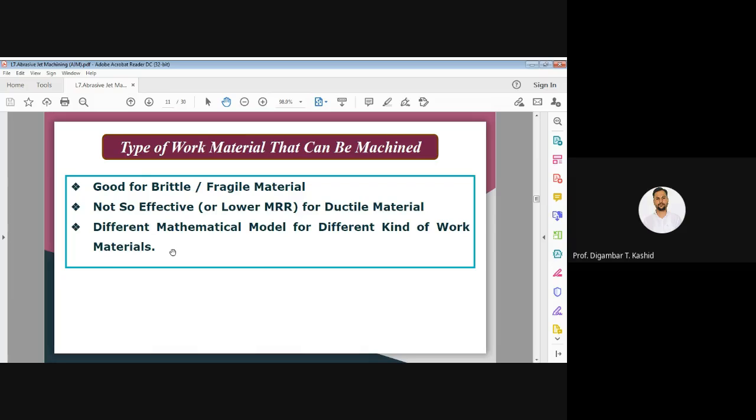To calculate the material removal rate using theoretical calculation, we have different mathematical models for different kinds of work. That mathematical modeling is not part of our syllabus.